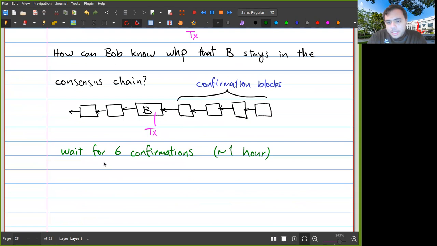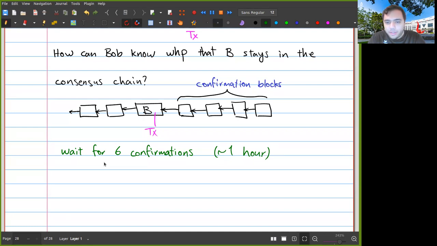So if you're buying, let's say, a laptop or something that is worth at least a couple of $1,000, or in case of Hong Kong, maybe tens of thousands of dollars, then it makes sense to wait for 6 confirmations.